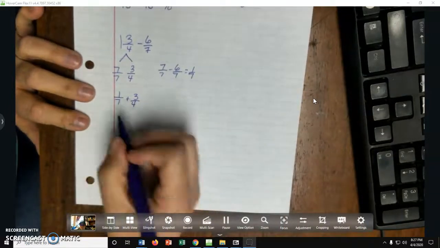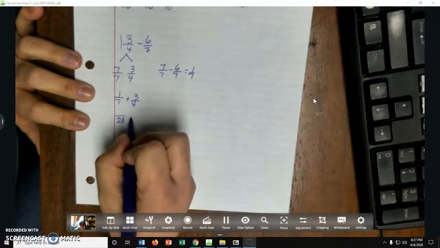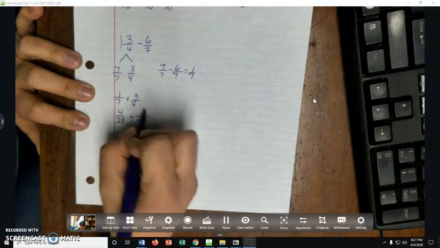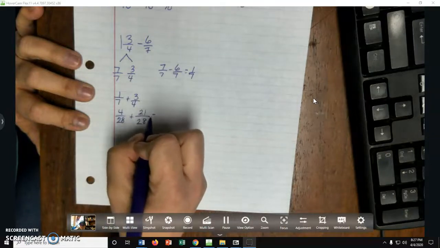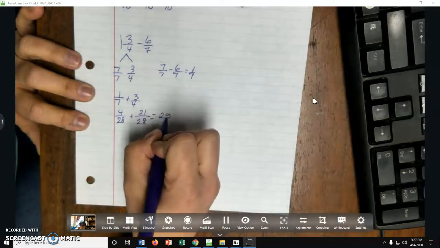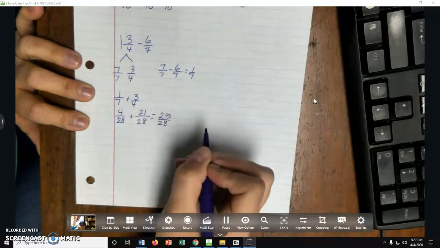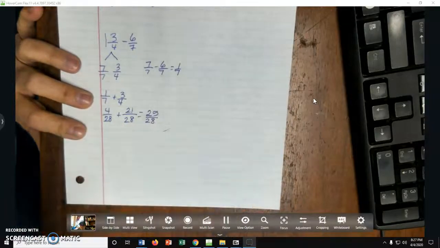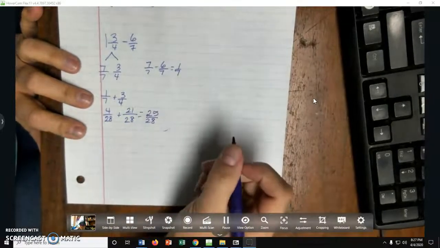My least common multiple would be 28. This would be 4/28 and this would be 21/28, which would leave me with 25/28. Not my favorite method, but if it's yours, great. More power to you. I'm loving it.